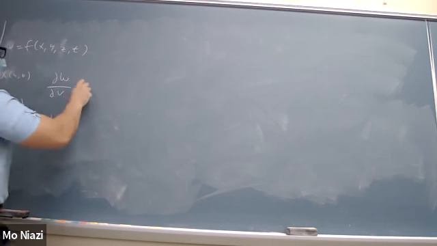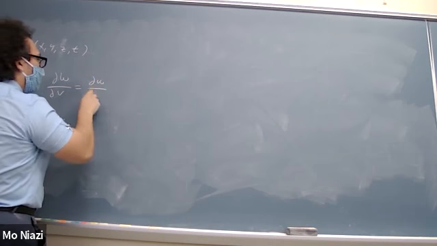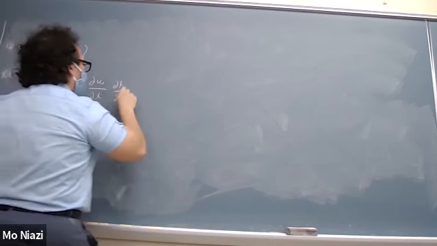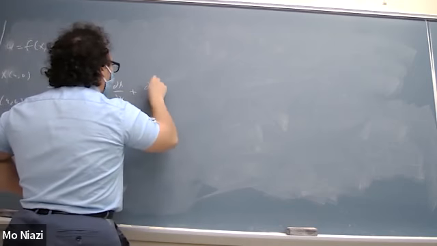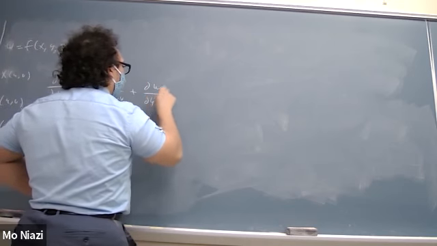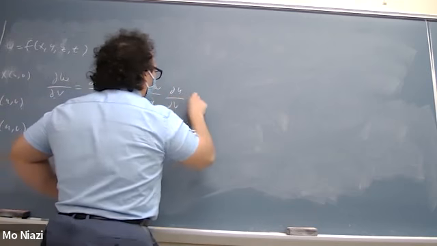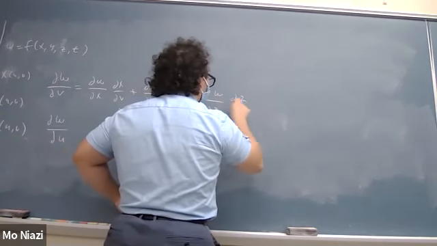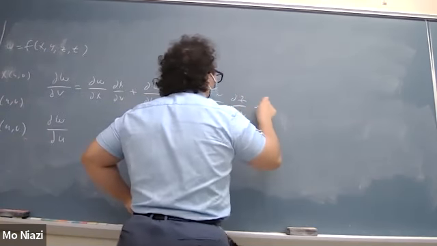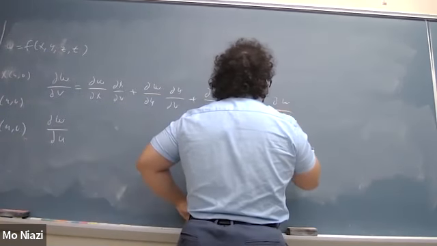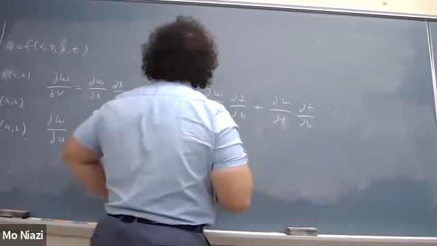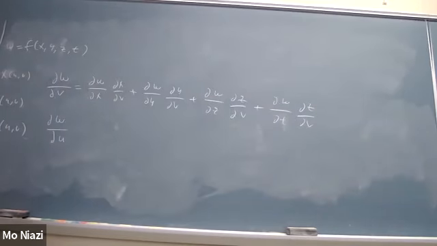Okay, notice that this becomes partial w, partial x, partial x, partial v, plus partial w, partial y, partial y, partial v, plus partial w, partial z, partial z, partial v, plus partial w, partial t, partial t, partial v. That's what the chain rule becomes.